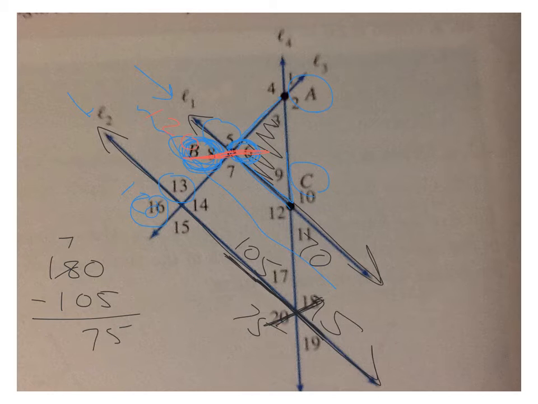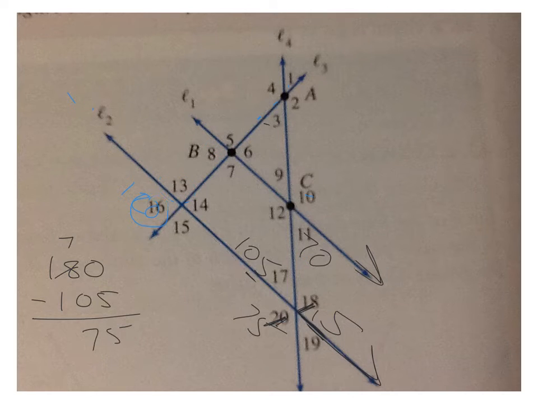So that means that angle 6, or angle CBA, is also 120. There are all these things that you can use to help you find the measure of the angle.